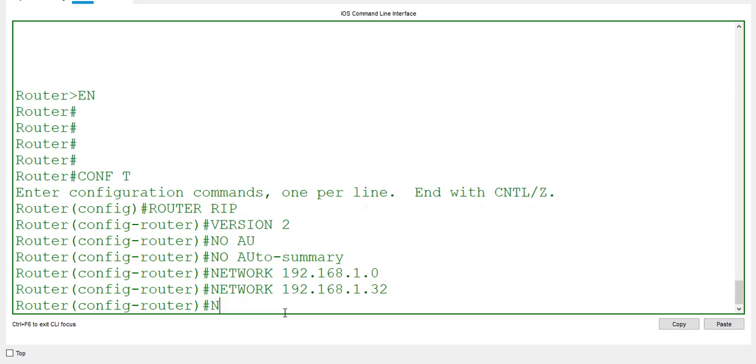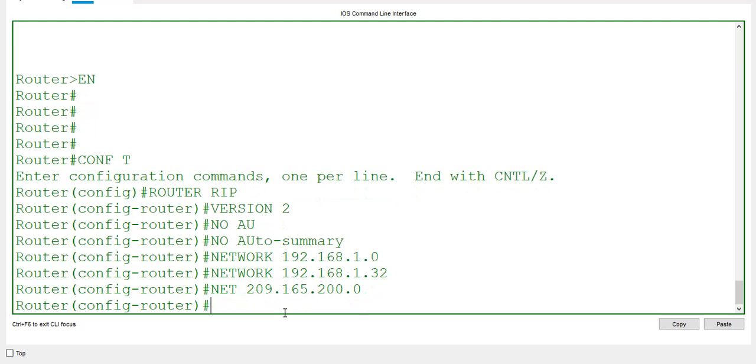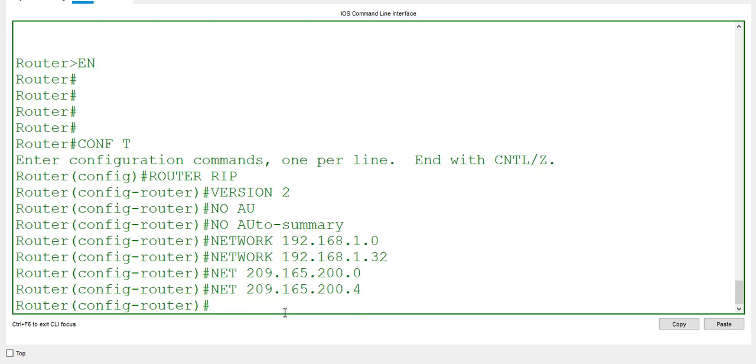So the other network, I can just type net if you want, net 209.165.200, so not 2000, 200.0 and 200.4. These are the 4 networks that we need to advertise right here. So they are configured on router 1.